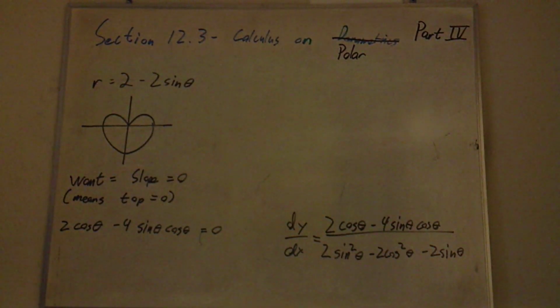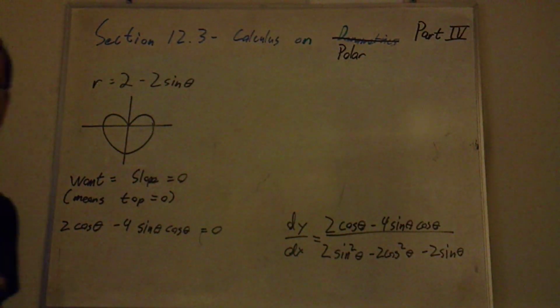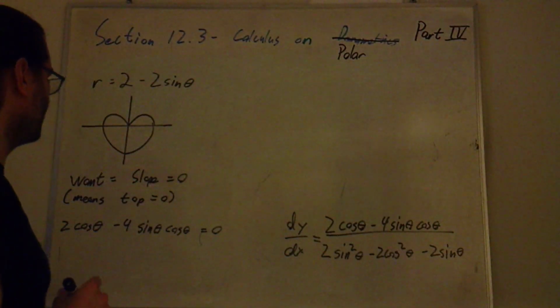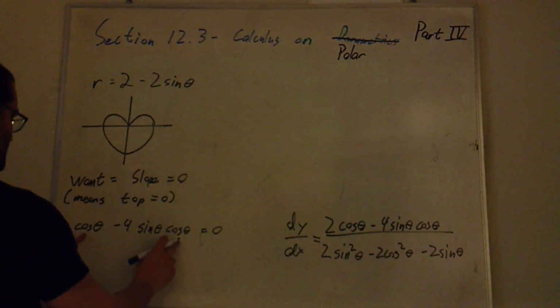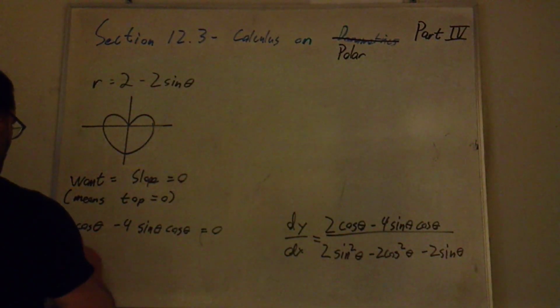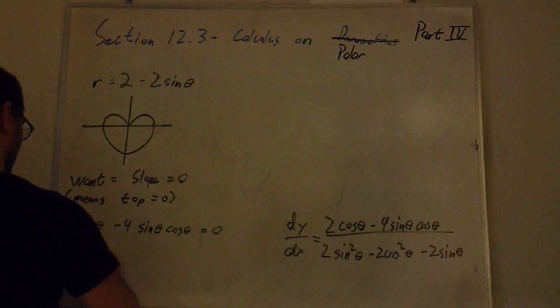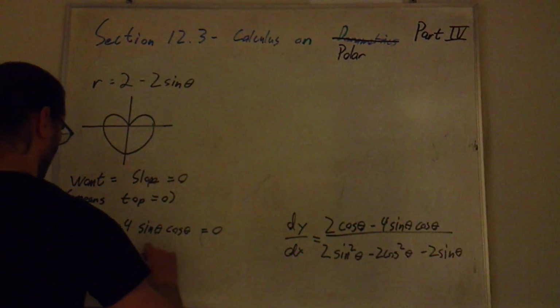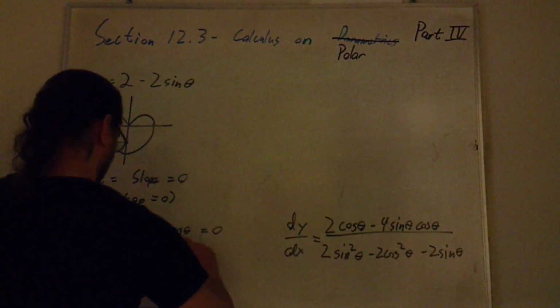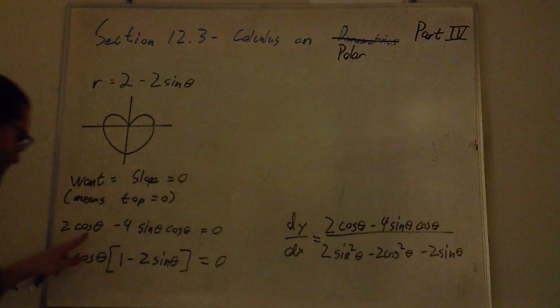And, as we always do when we have something that looks ugly and equals 0, we're going to factor it. Both of these things have a cosine, and I can probably pull out a 2 as well. So 2 cosine theta times 1 minus 2 sine theta equals 0.